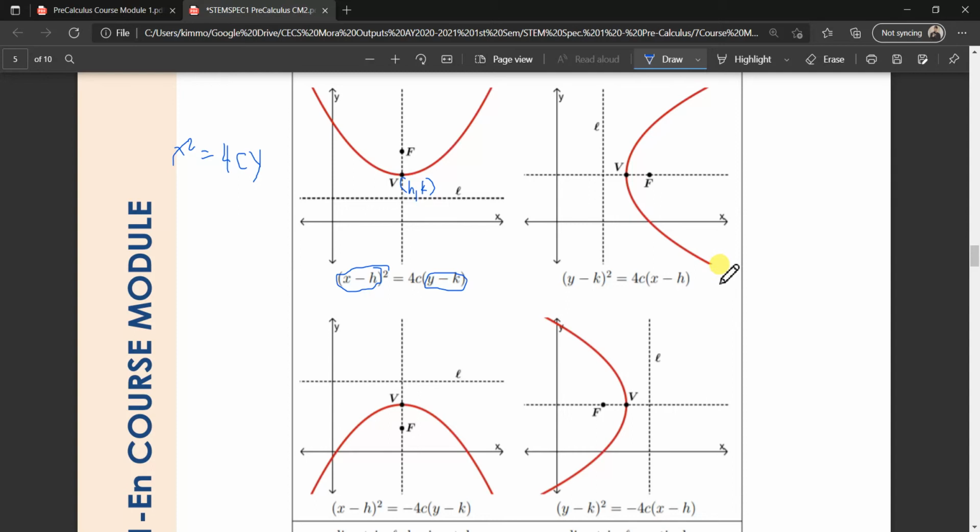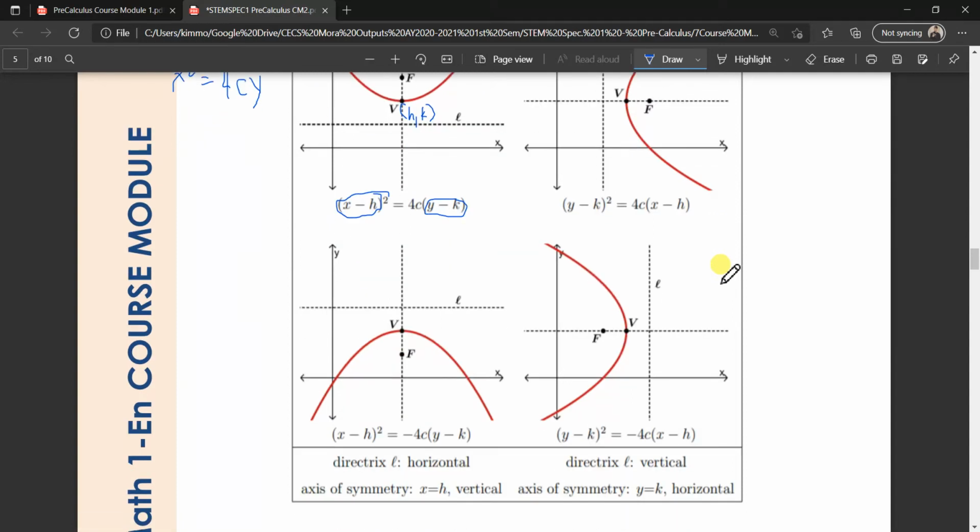And if it is facing your left side, then just take the negative of the positive equation. So instead, we have (y minus k) squared equal to negative 4c times (x minus h). These are the four standard equations that you should memorize.